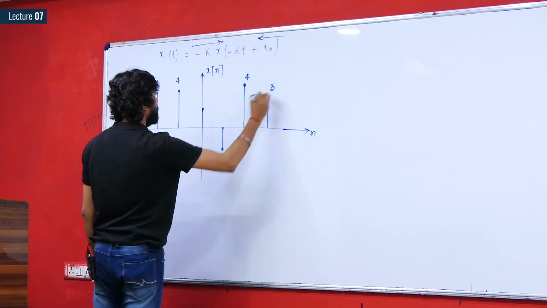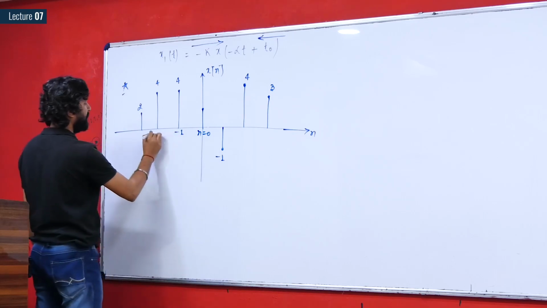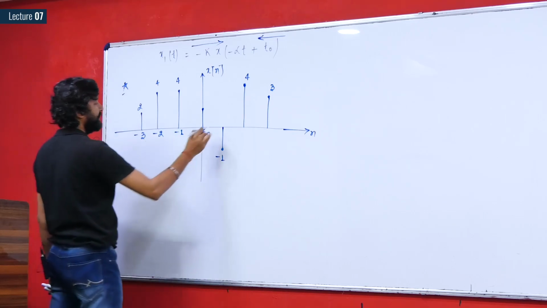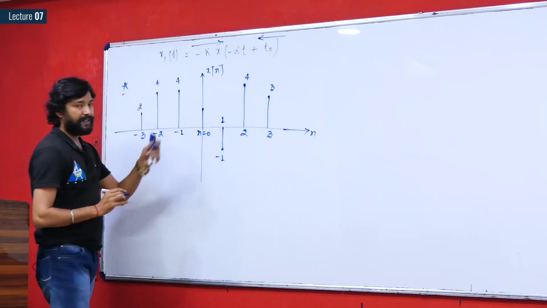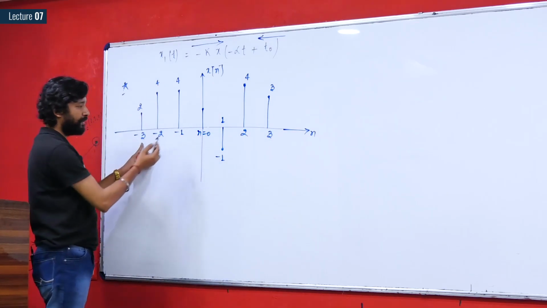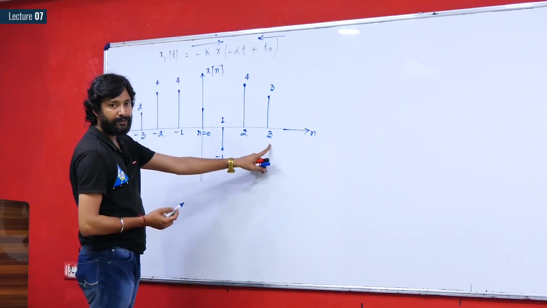We are taking any arbitrary values. So it is point n equals to 0, minus 1, minus 2, minus 3, it is for 1, 2 and 3. So this signal x of n is existing only in the interval for n greater than or equals to minus 3 and n less than or equals to plus 3.